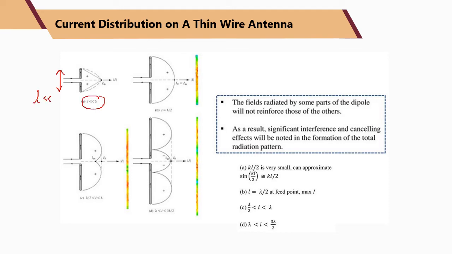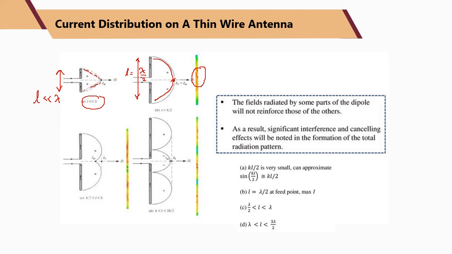We see that the current may appear as a triangular shape. When L is equal to lambda over 2, we have the maximum radiation at the center, maximum at this point.